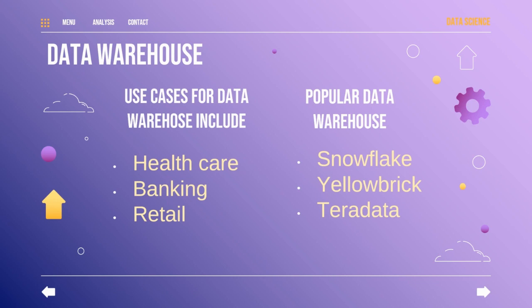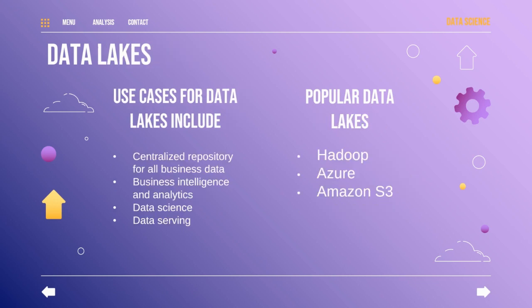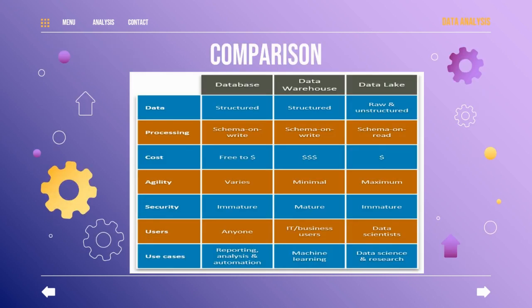Now, data warehouses. These work on healthcare, banking, retail. The popular data warehouses are Snowflake, Databricks, Teradata. Next, use cases of data lakes include a centralized repository for all business data, business intelligence and analysis, data science and data serving. The popular data lakes are Hadoop, Azure, and Amazon S3.